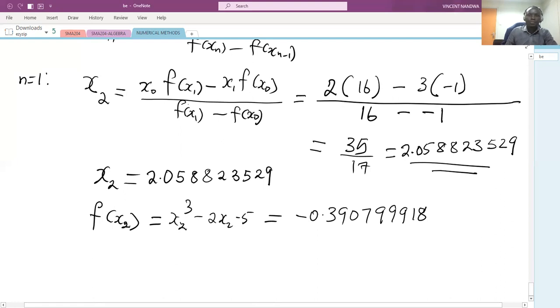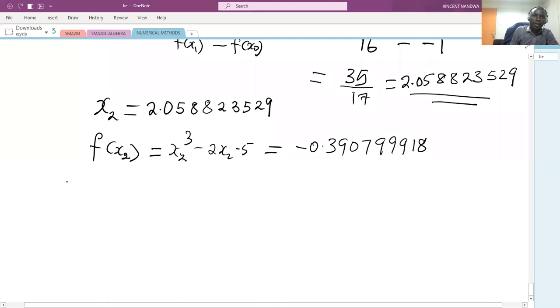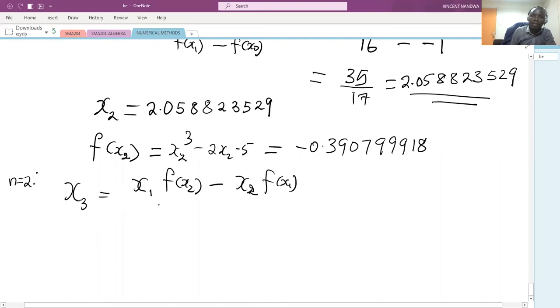So x3, when n equals 2, will be given by x1 f of x2 minus x2 f of x1 divided by f of x2 minus f of x1.